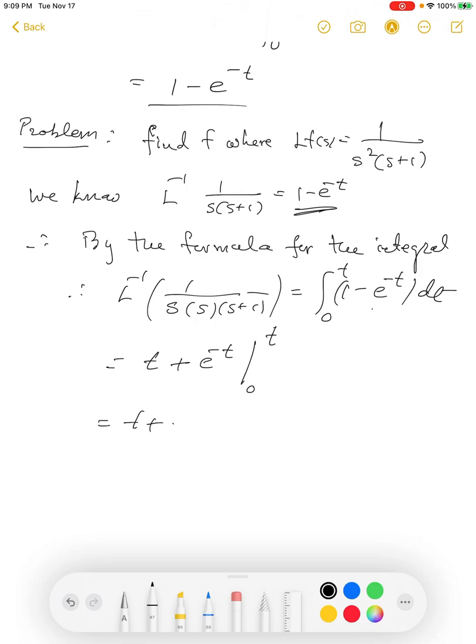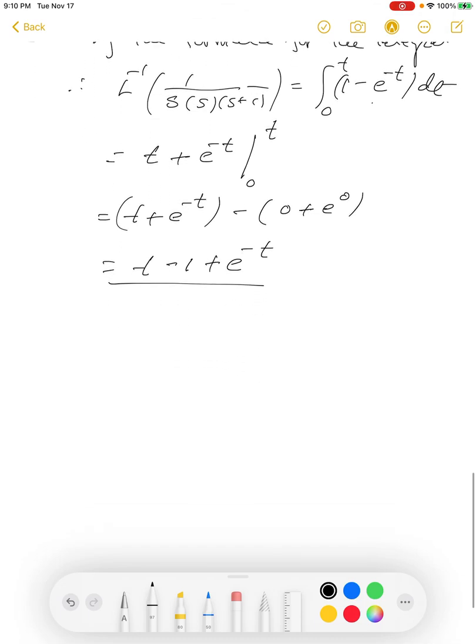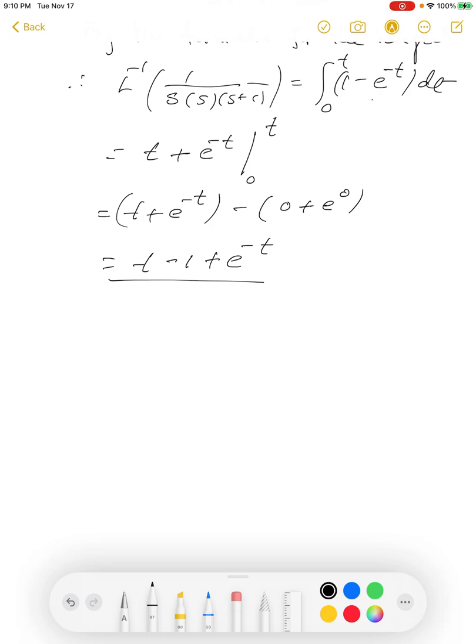So this gives you t plus e to the minus t minus the value at 0, so this will be t minus 1 plus e to the minus t. So this is the way you will use the formula for the inverse. Whenever you see a factor of 1 over s, then you integrate the inverse transform of the remaining term.